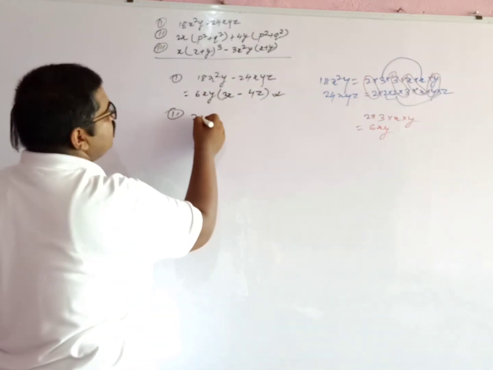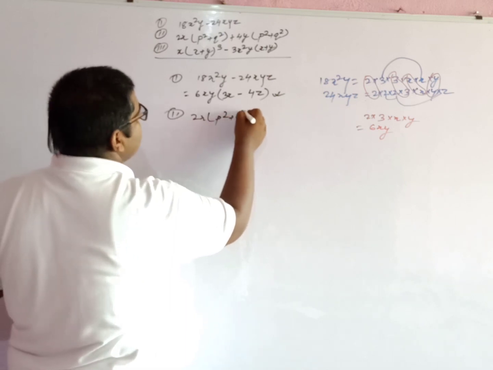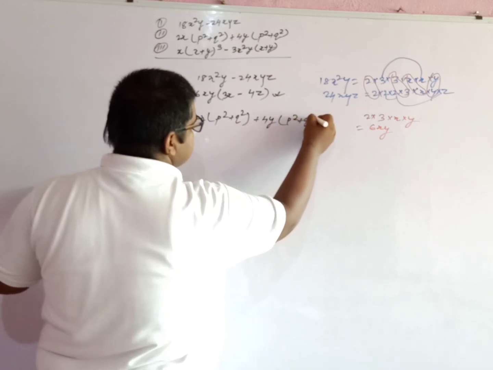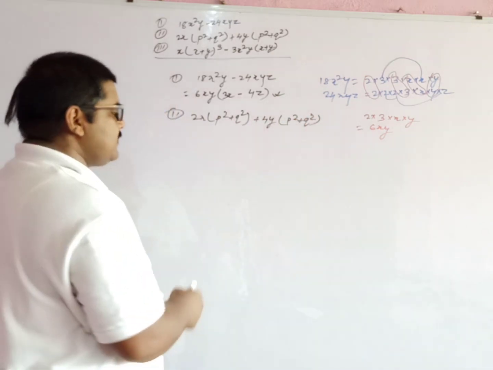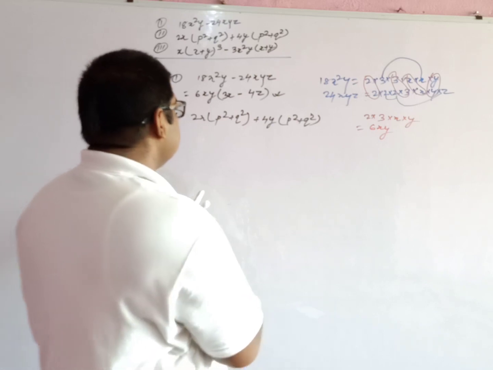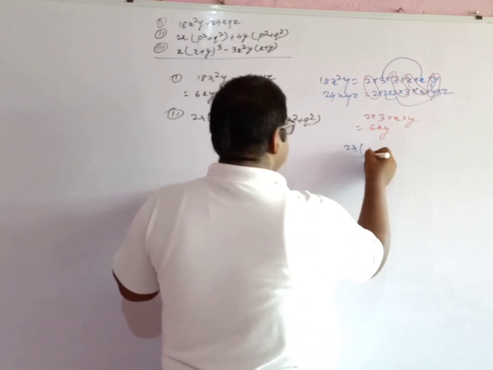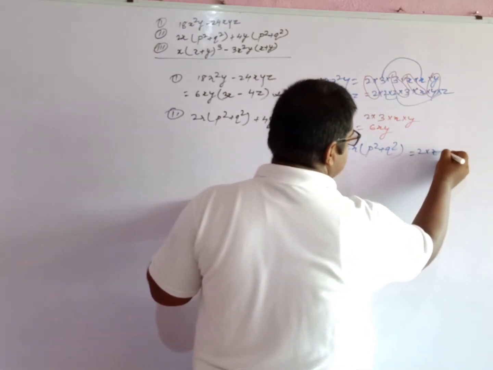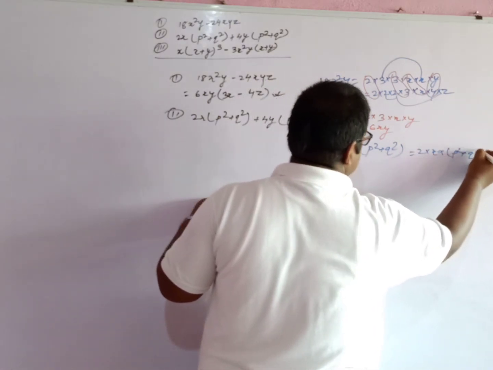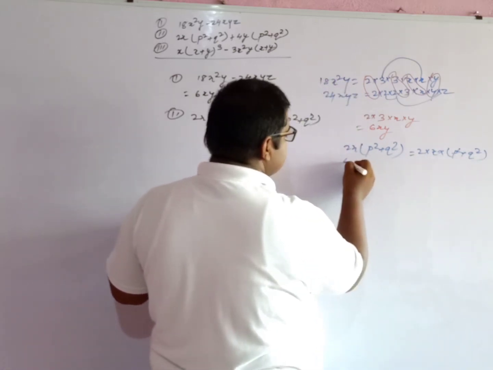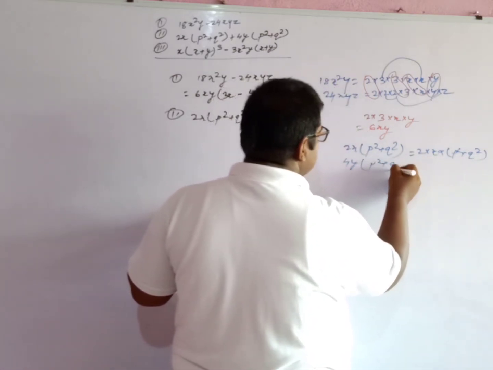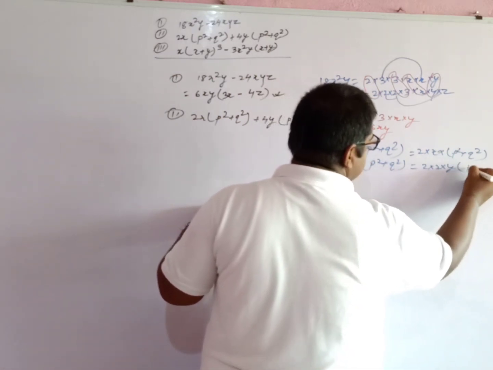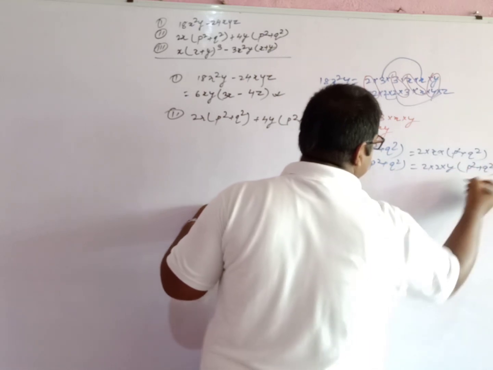Second is 2x(p squared plus q squared) plus 4y(p squared plus q squared). You can see the two terms: 2x(p squared plus q squared), which can be written as 2 into x into (p squared plus q squared), and the second term is 4y(p squared plus q squared), which can be written as 2 into 2 into y into (p squared plus q squared).